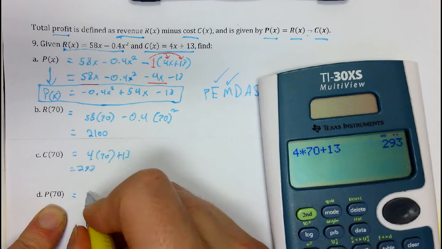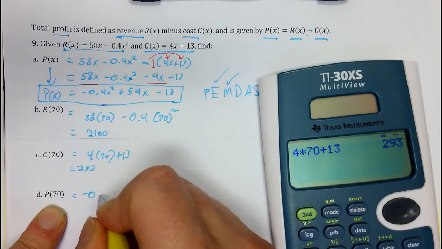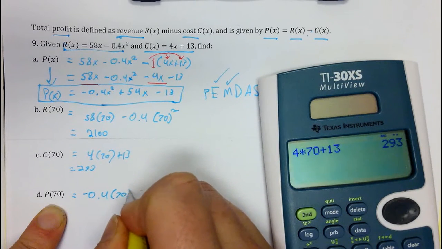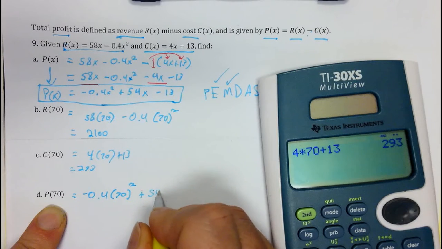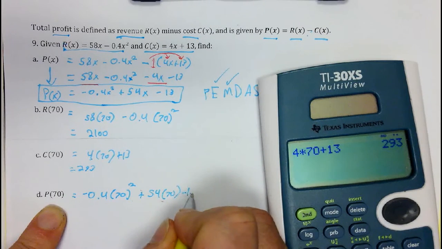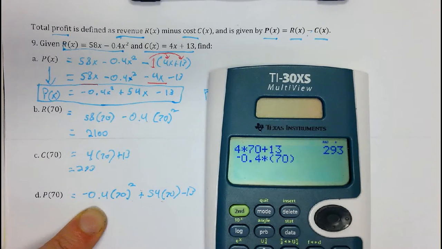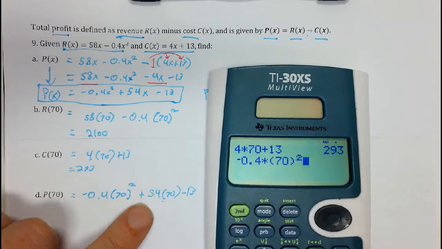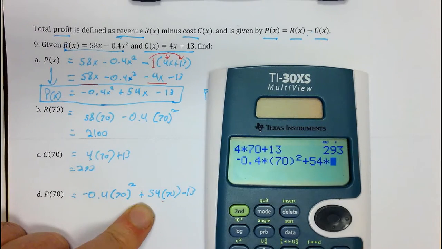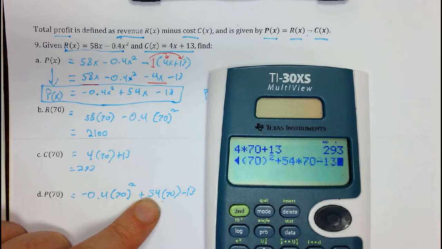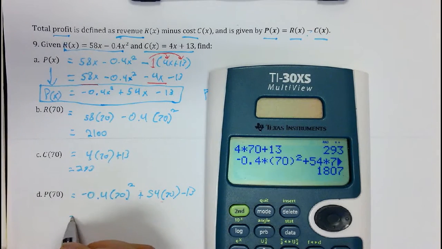So this will be negative 0.4 times 70 squared plus 54 times 70 minus 13. Hopefully I can get all this in my calculator correctly. And I get 1807.